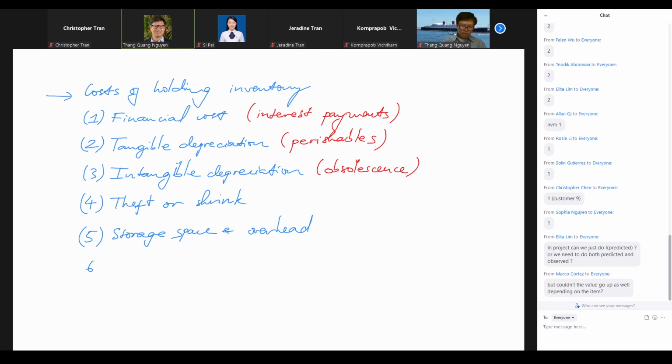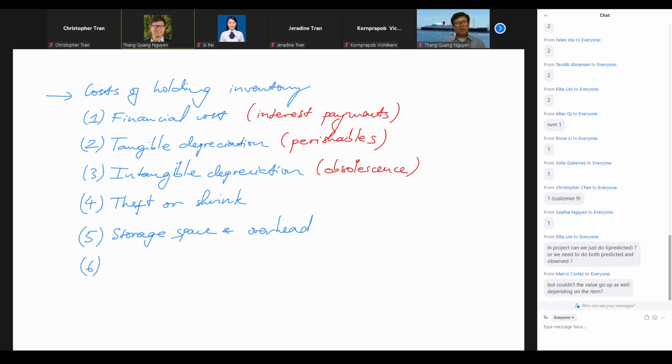And the 6th reason why it costs money to hold on to the inventory is called deterioration. Think about pharmaceutical products, right? If you carry a big volume, then it takes a lot of time for you to draw down the bottles, the vials, things like that, to get them sold.